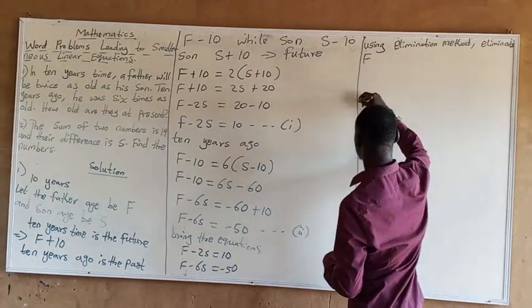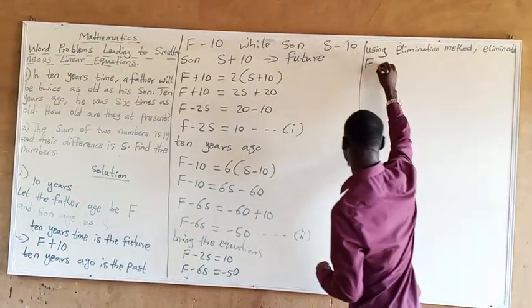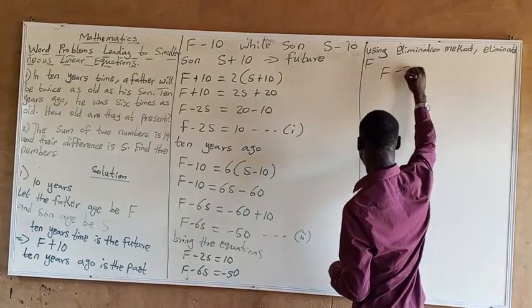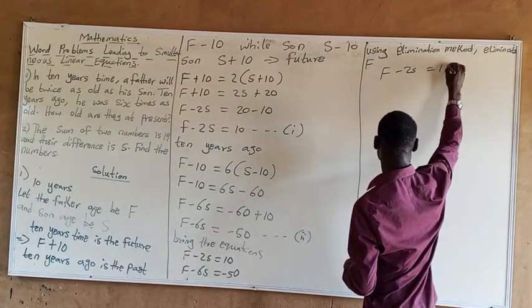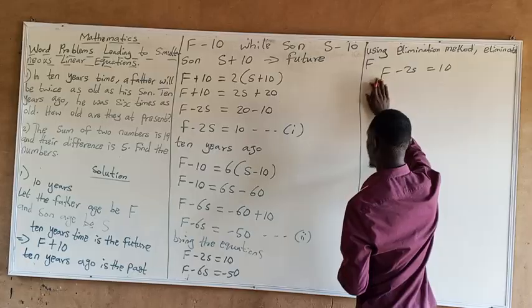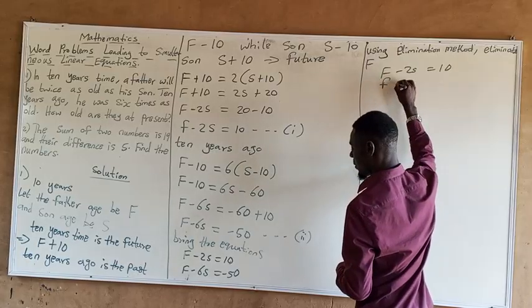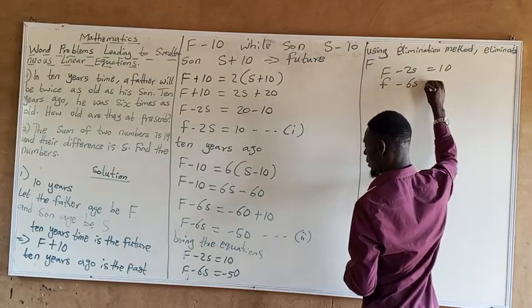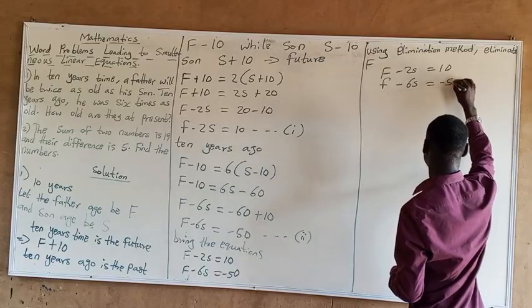Eliminate F. Now, I bring back the equations. F minus 2s is equal to 10. F minus 6s is equal to minus 50.